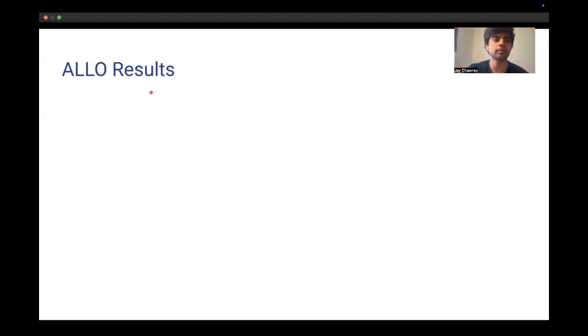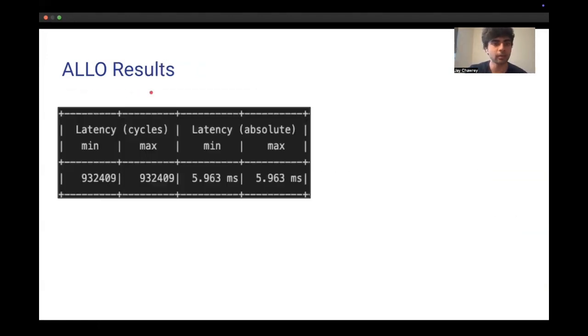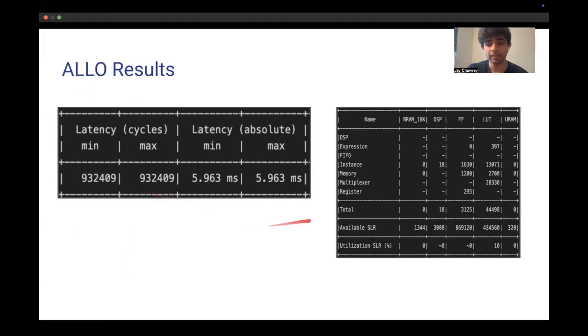Now, let's look at some of the results that we got from ALO. This is the synthesis report that we got. And we could see that the latency that the synthesis report provided for ALO is less compared to what we got from our manual HLS coding. And this is what the resource utilization looks like. We have far less resource usage.